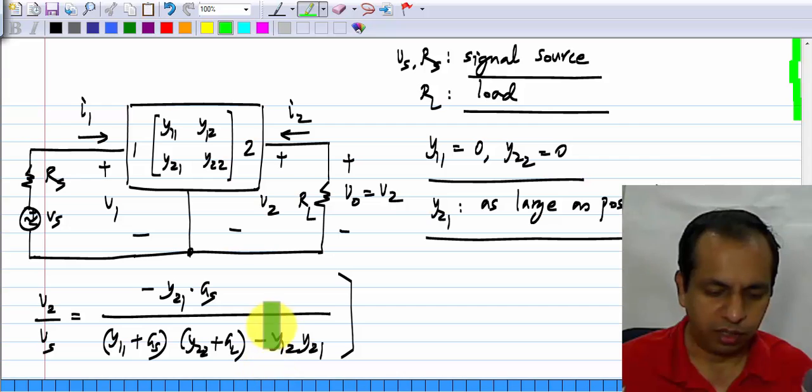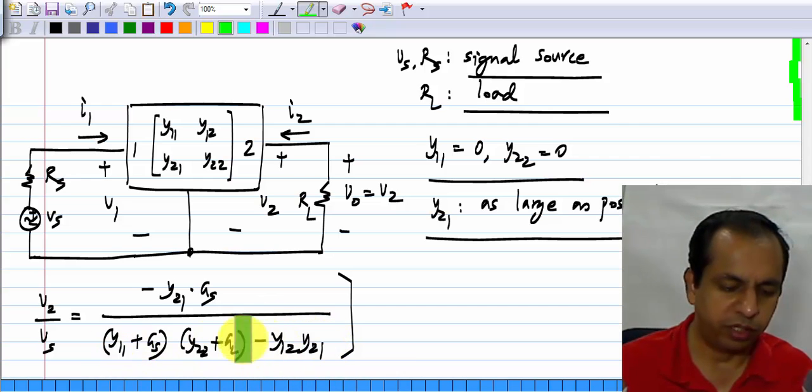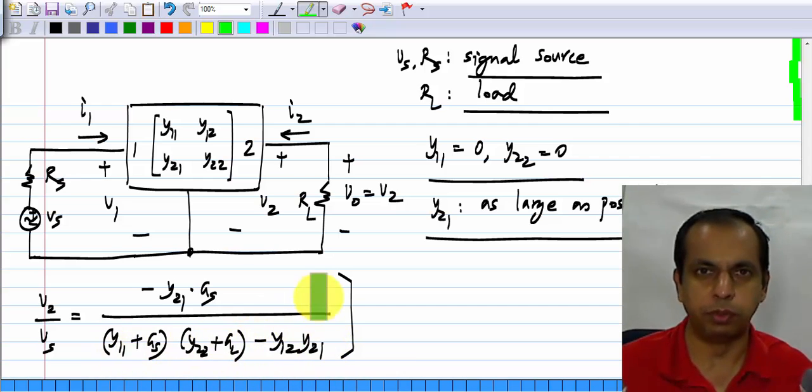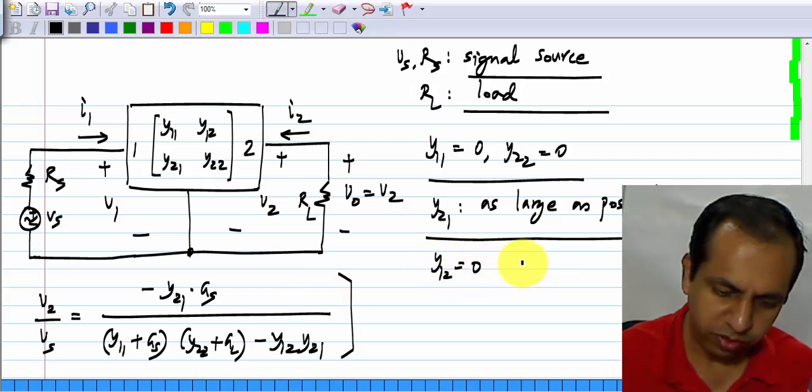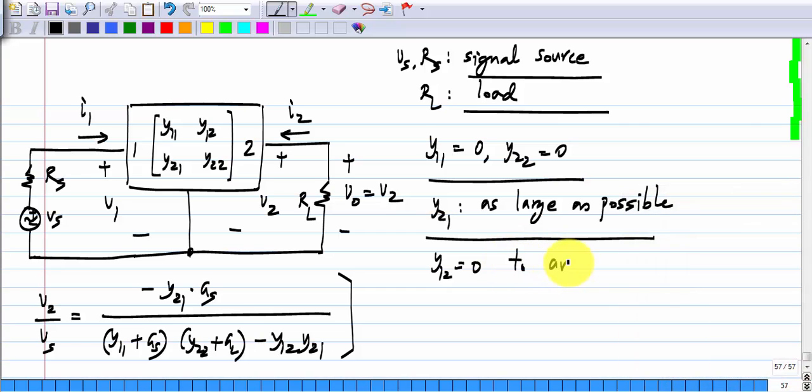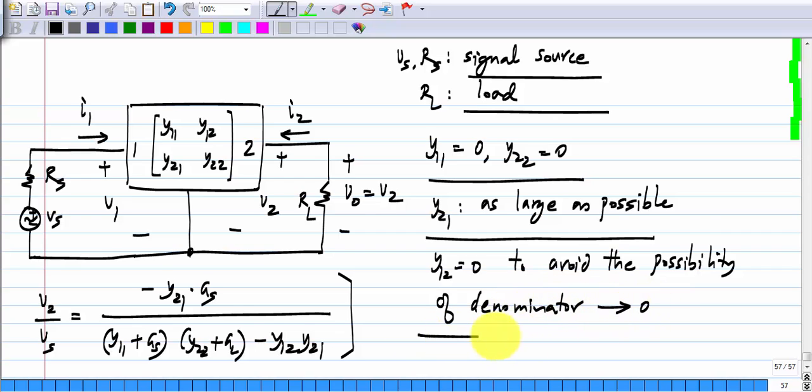So then this disappears completely, and in the denominator you will have only these terms which will be positive. Y12 equal to 0 to avoid the possibility of the denominator going to 0. So, broadly these are the constraints on the small signal parameters of the 2 port.